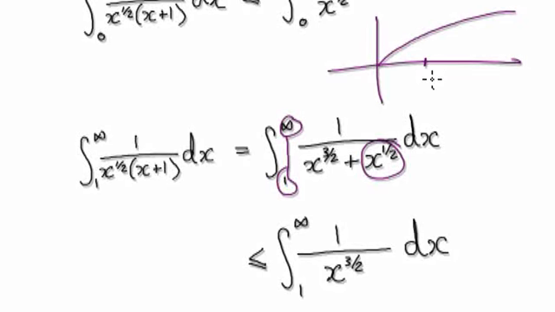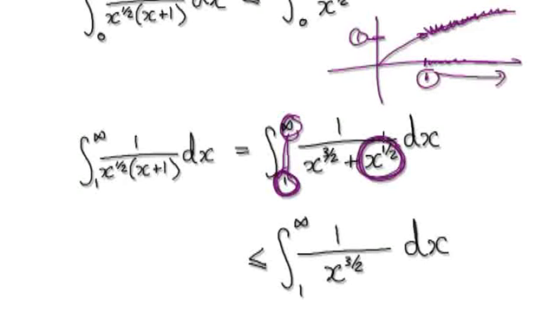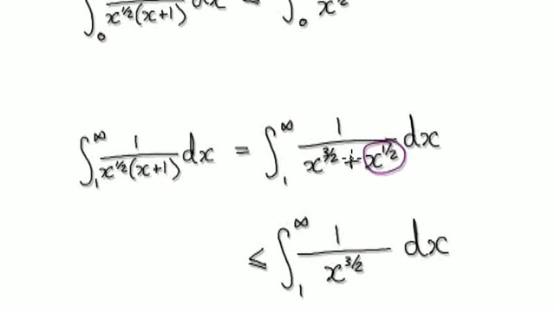So your square root will look like this. 1 here, square root of 1 is 1. So in this region here, from 1 all the way to infinity, this line here will always be bigger or equal to 1. So this is going to be a positive amount.